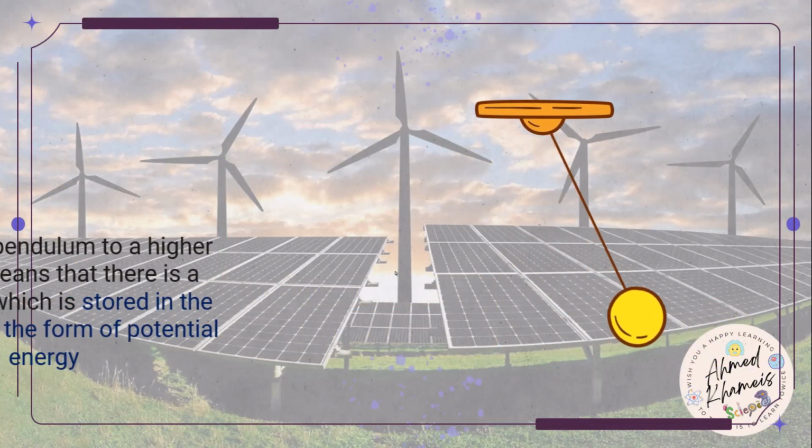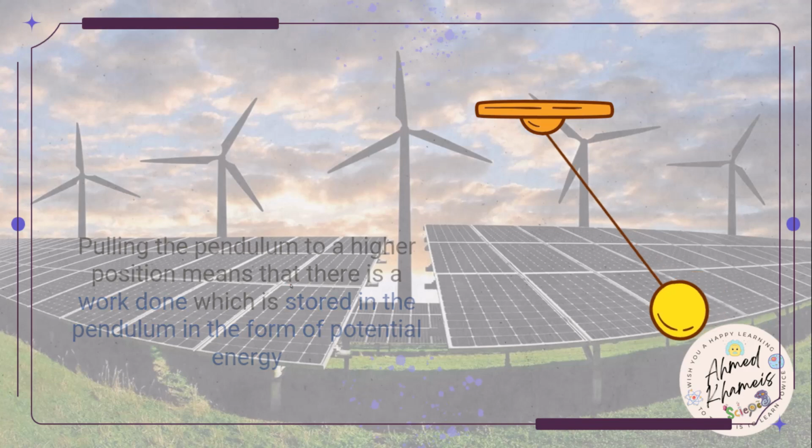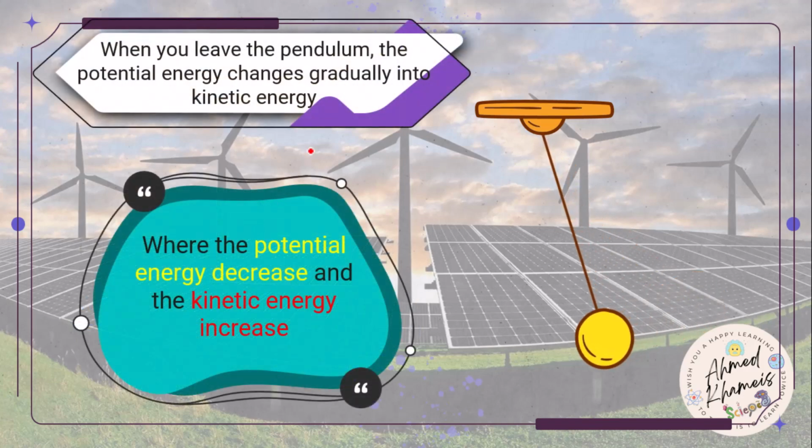So when we pull the pendulum higher, the work done to pull the pendulum is stored in the form of potential energy. And when you release the pendulum, the potential energy changes gradually into kinetic energy, where the potential energy decreases by the same amount the kinetic energy increases.